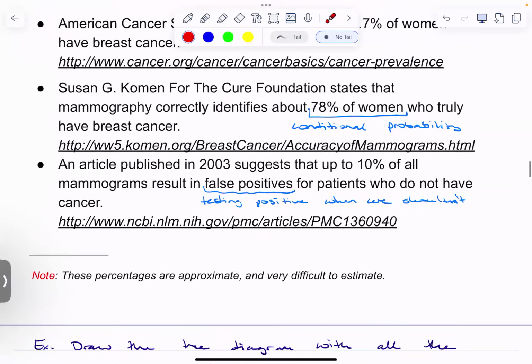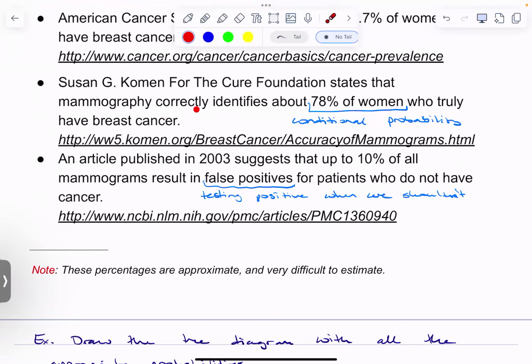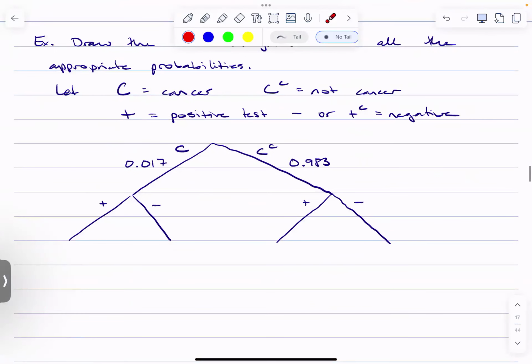And so the probability of going down that positive branch, given that you're going down the cancer branch initially, is 0.78. So here I write 0.78, which makes the probability of testing negative 1 minus 0.78, which is 0.22.